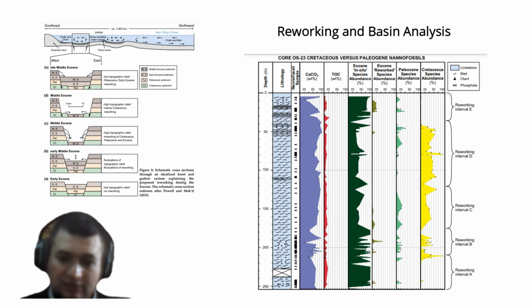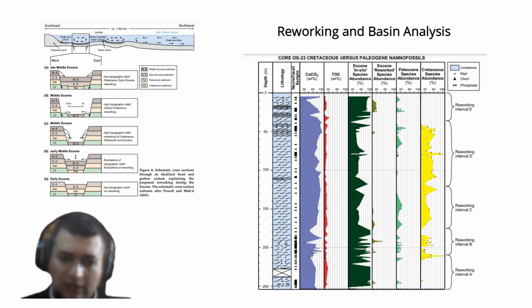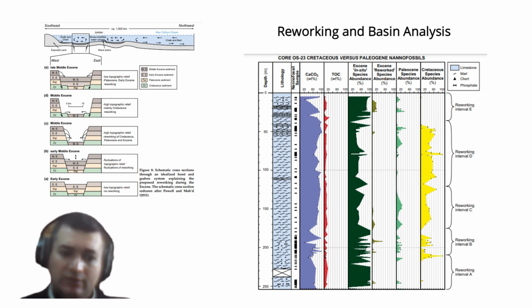Based on this differentiation between the allochthonous and autochthonous species, we can understand the behavior of the basin and sea level change over time, as part of the overall basin analysis. At the beginning, in the early middle Cretaceous, the relief between the horst and graben was not that pronounced, so the deposition was just from the autochthonous.